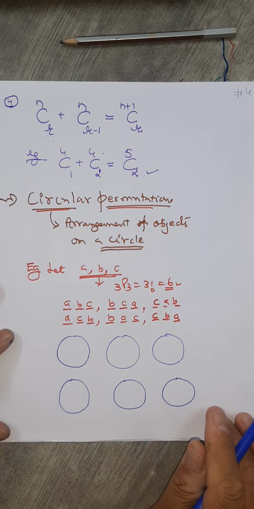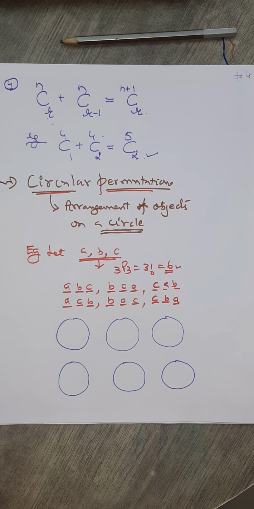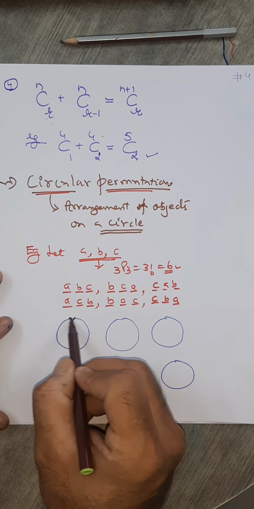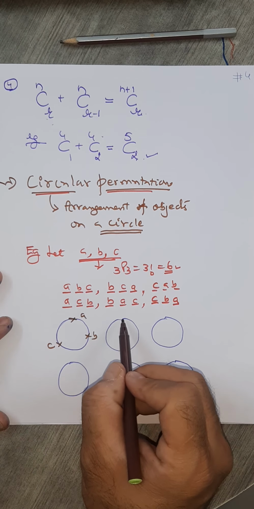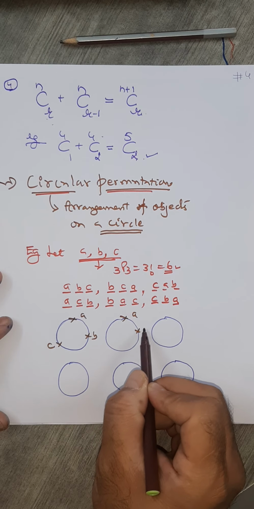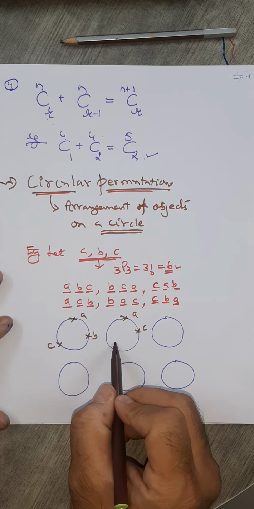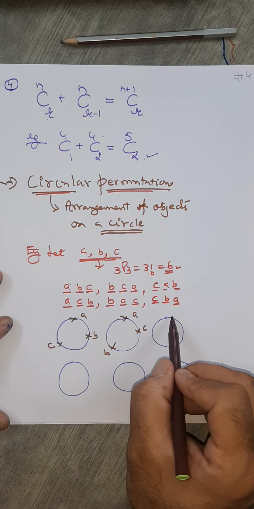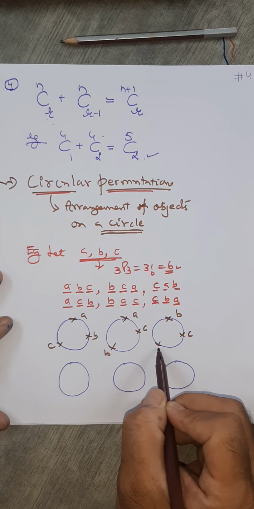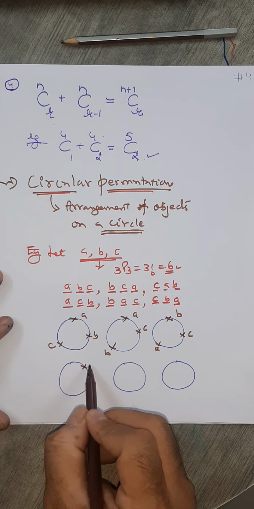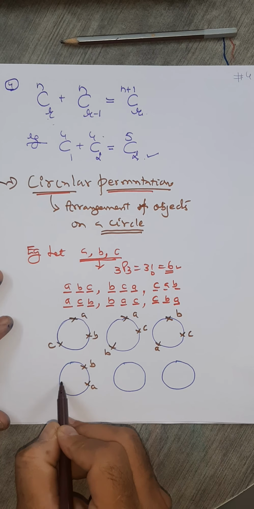You will see here, let me write, I'm just writing A, B, C. The next one is A, C, B. I'm just randomly writing on a circle, remember. Then I have B, C, A. Then I can have B, A, C.